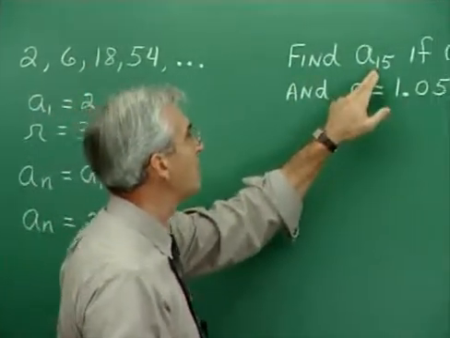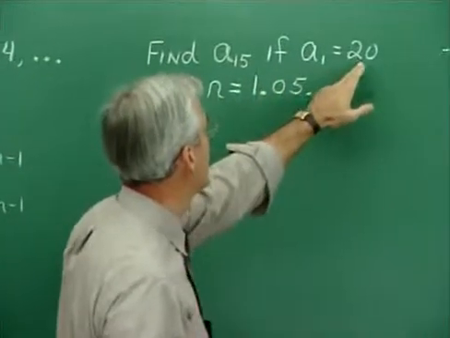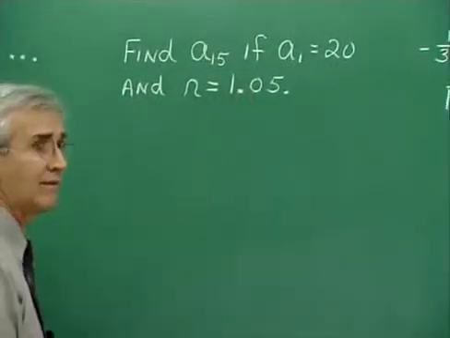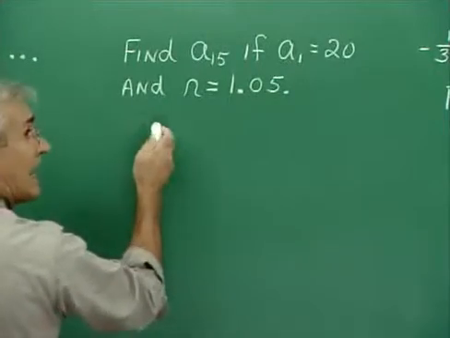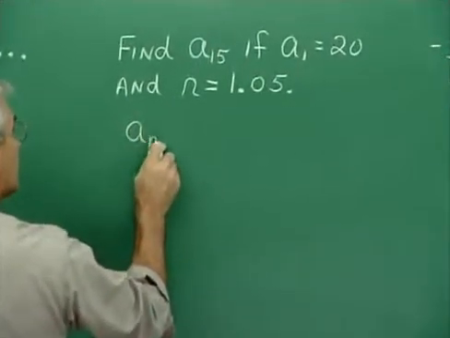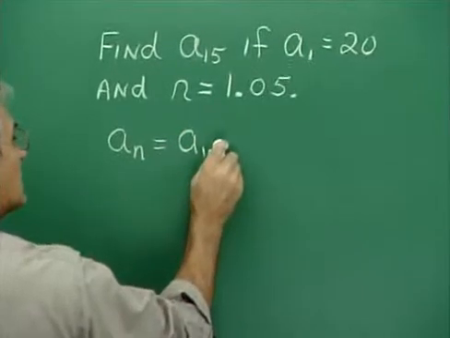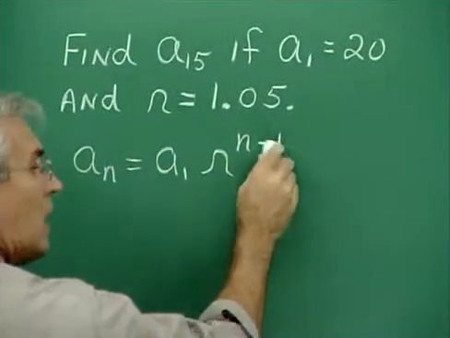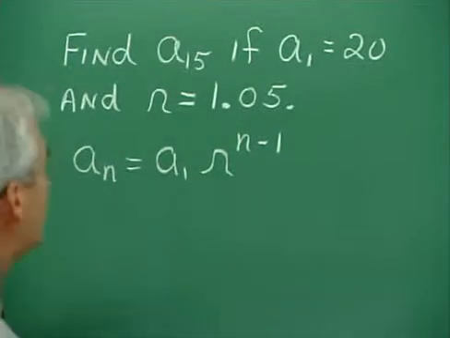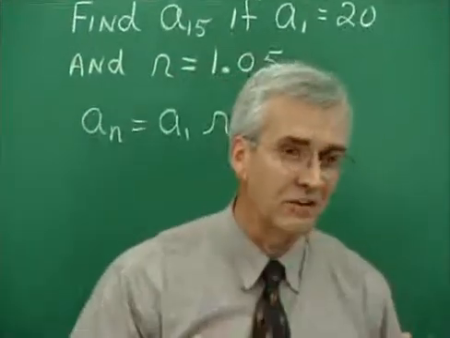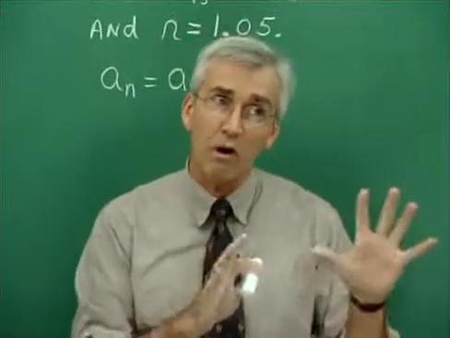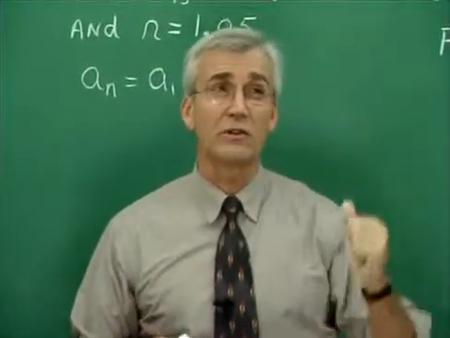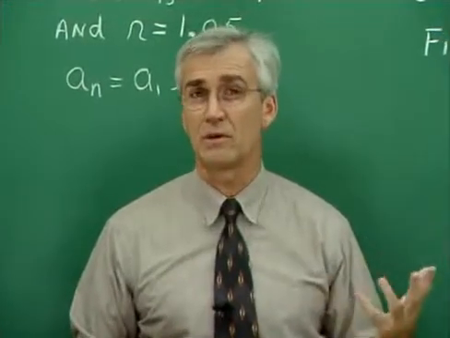All right, let's consider a few problems. Suppose we want to find the 15th term if we know that the first term is 20 and the common ratio is 1.05. Well, we just start with the idea of the nth term. The nth term is the first term times the common ratio raised to the n minus 1 power. Oh, by the way, notice that in certain problems like this, you might see an expression and you might wonder whether or not it's geometric. You might think, well, is this a geometric sequence or an arithmetic sequence or something like that?